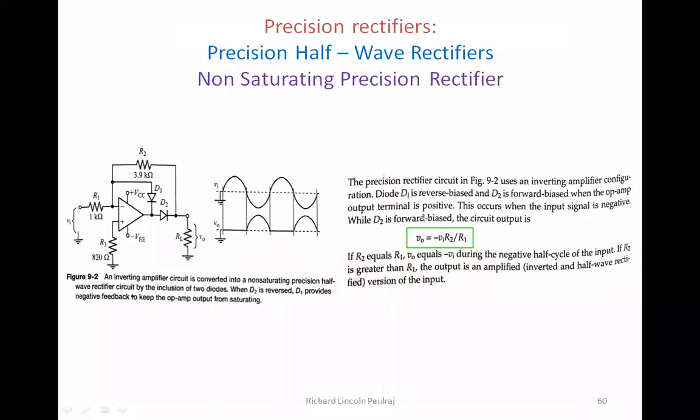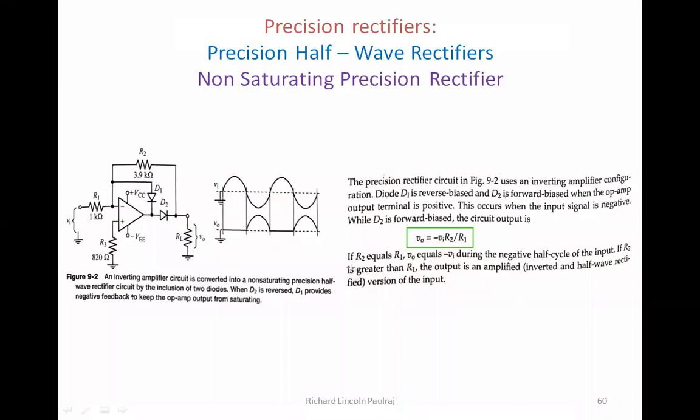This occurs when the input signal is negative. While D2 is forward biased, we have the output equation. Now we cannot afford to make D2 reverse biased. Why is it so? We wouldn't get even these waveforms.